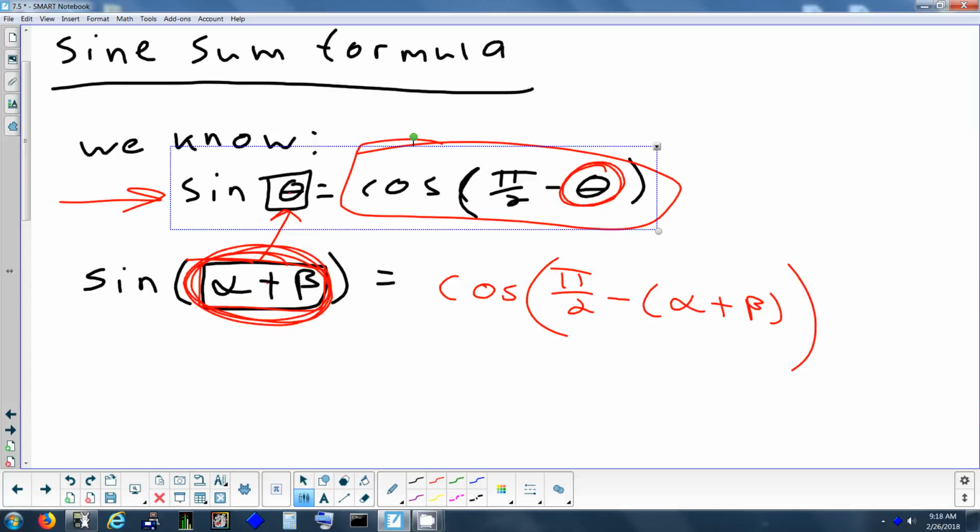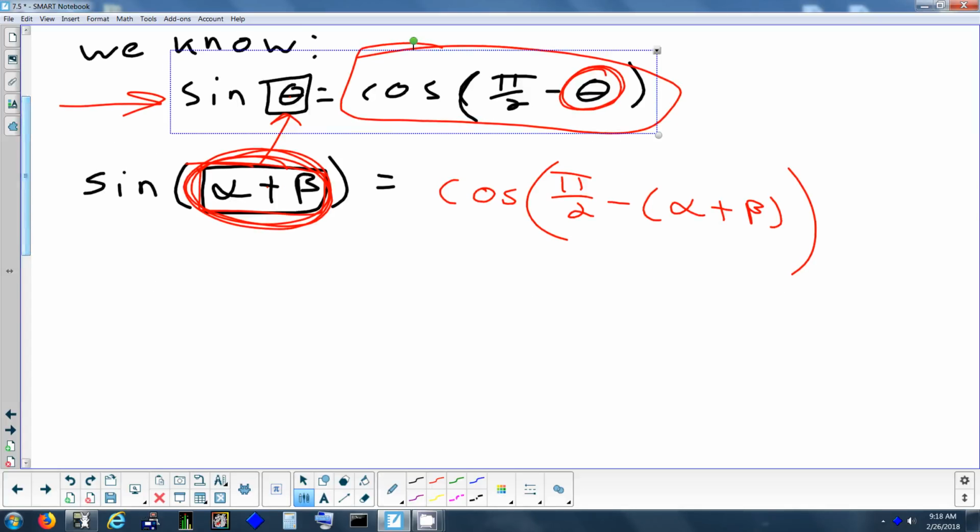Okay, and at first when you look at that, you might think that doesn't really help. But if we regroup it a little bit, this is going to work. First thing I'm going to do is regroup it by distributing out that negative.